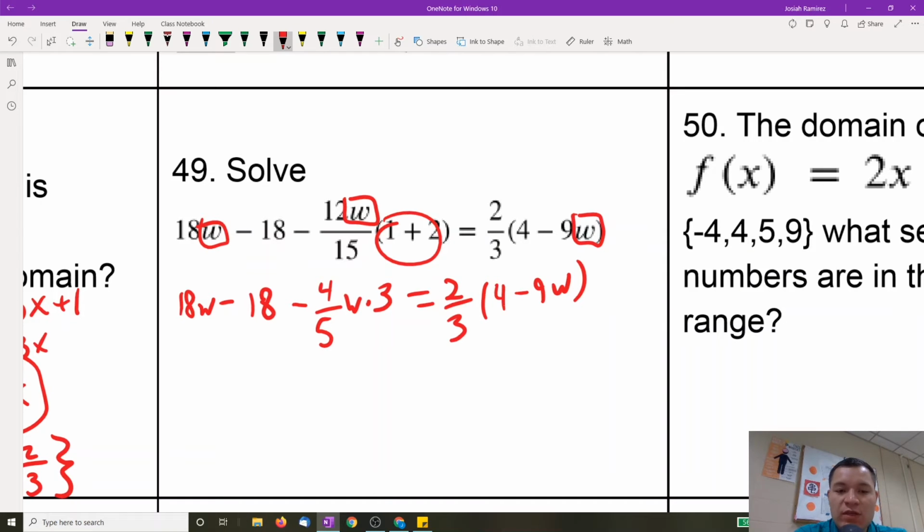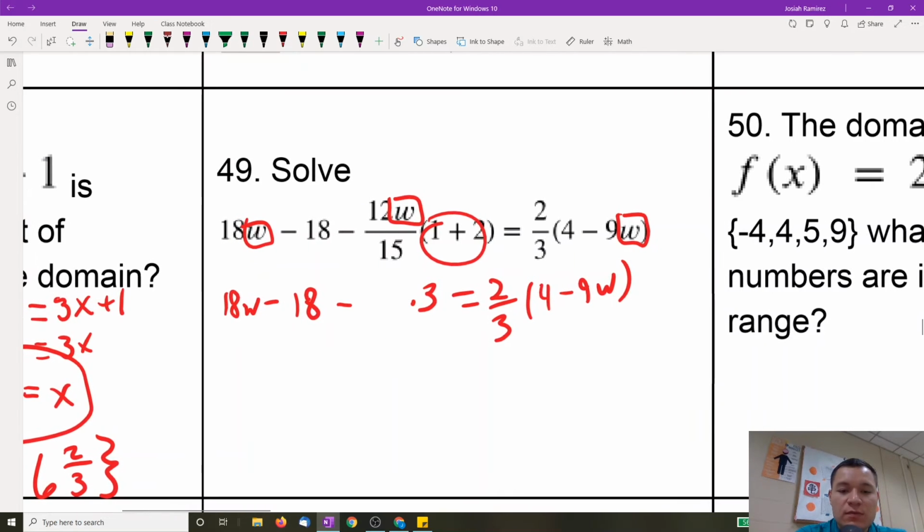All right, so what I'm going to do is change this 4/5 to be a decimal. 4/5 as a decimal is 0.8 W, and that's being multiplied by 3. So 0.8 W times 3 would be negative 2.4 W equals 2/3 times 4 is 8/3 minus 6 W.